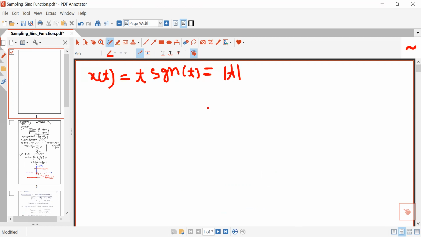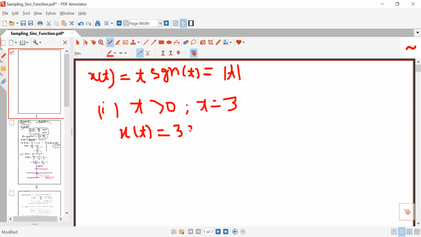You can justify this relationship by taking simple example. Let us consider first what will happen when t is greater than 0. For example, if t is 3, which is greater than 0, what will be the value of x(t)? The x(t) will be 3 into signum of 3.